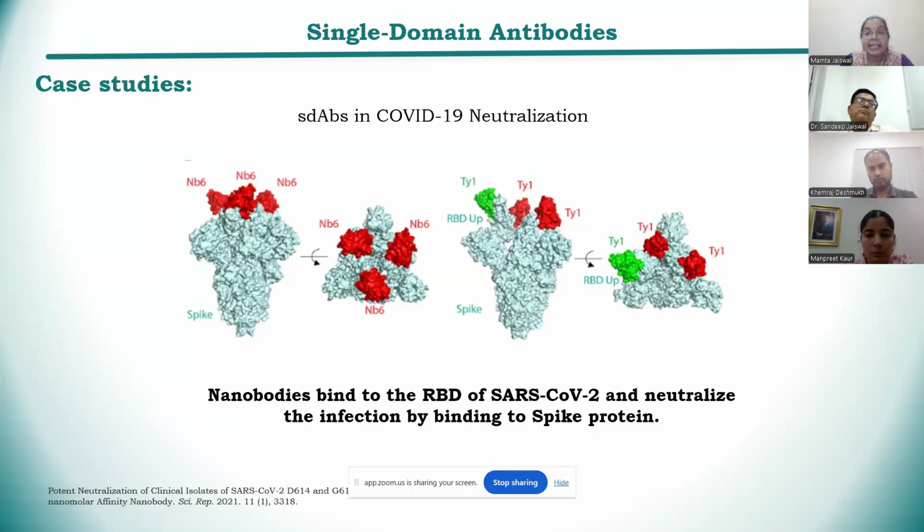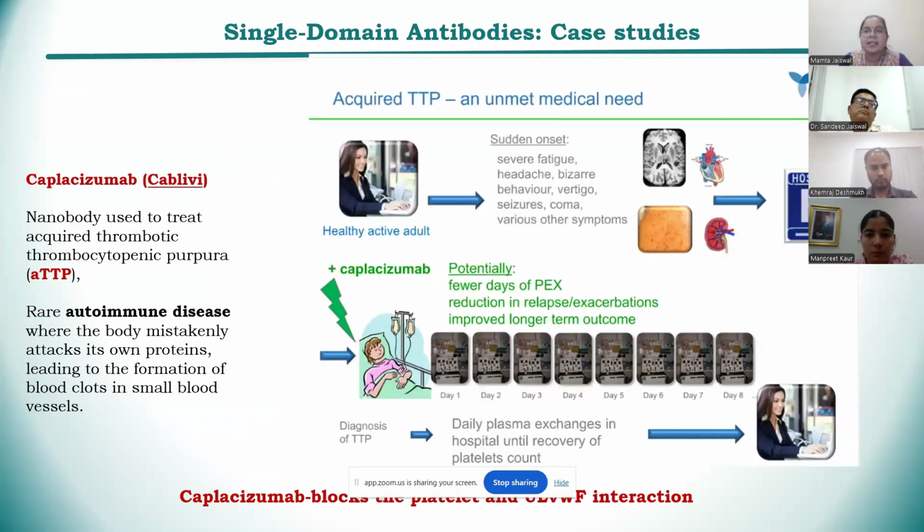There is this one clinical example of a single domain antibody, what we learned before from Ablynx, Caplacizumab. It is now approved by the European Medicines Agency. This nanobody is used to treat acquired thrombotic thrombocytopenic purpura. It is a very rare autoimmune disease where our body mistakes our own protein as a foreign protein.